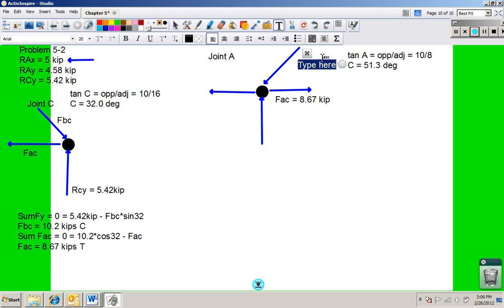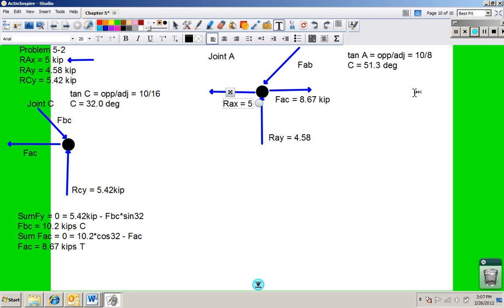So that is FAB. This is RAY, which is 4.58. And this is RAX, which is equal to 5 kips.